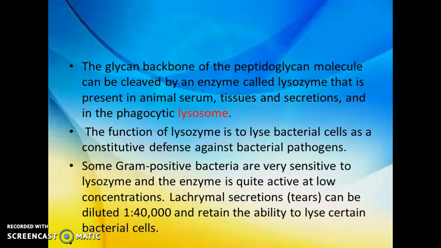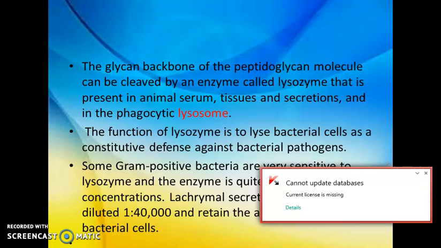Lysozyme is present in animal serum, tissue, secretions, and also in phagocytes, in the form of phagocytic lysosomes. So this enzyme is also present in our body, and it is capable of breaking the glycan backbone of the peptidoglycan molecule. The function of lysozyme is to lyse bacterial cells as a constitutive defense against bacterial pathogens.